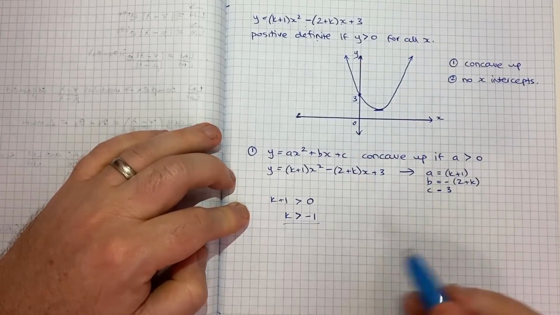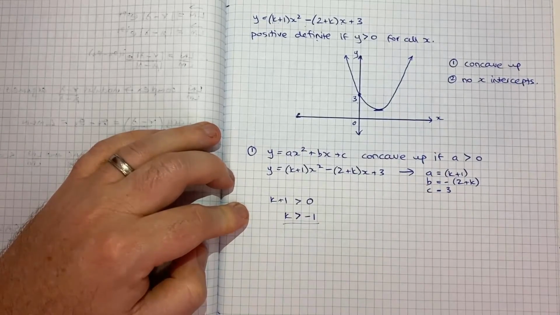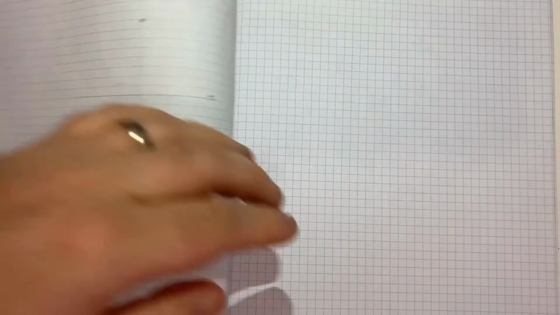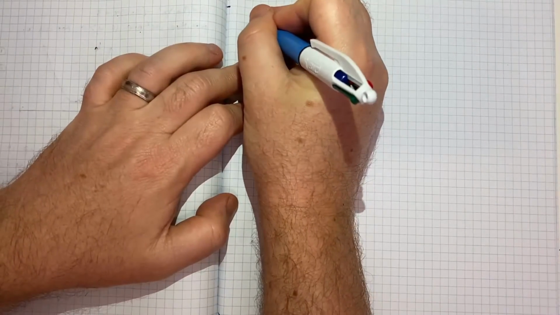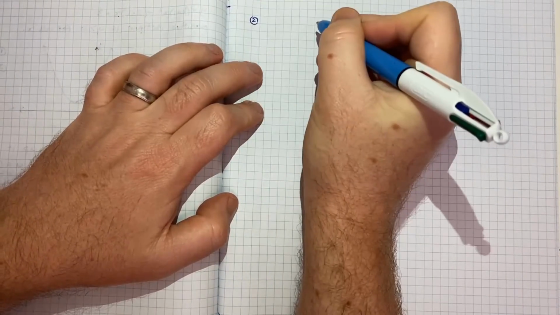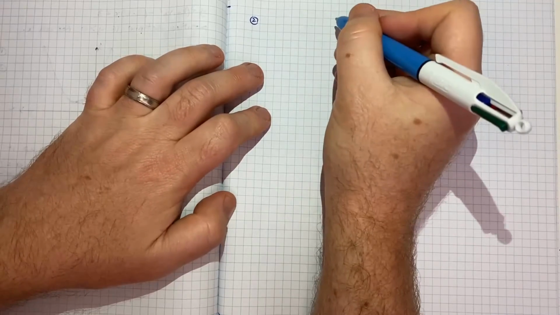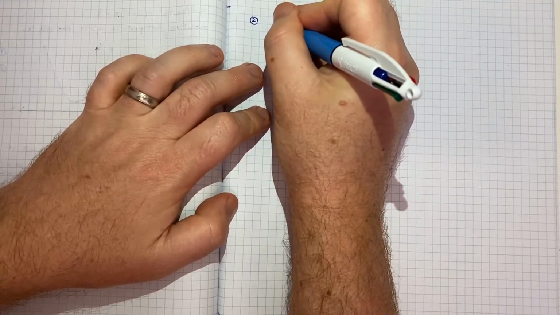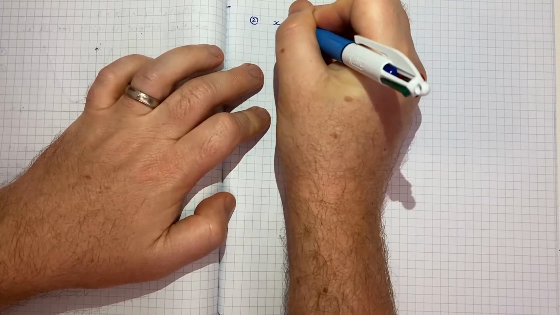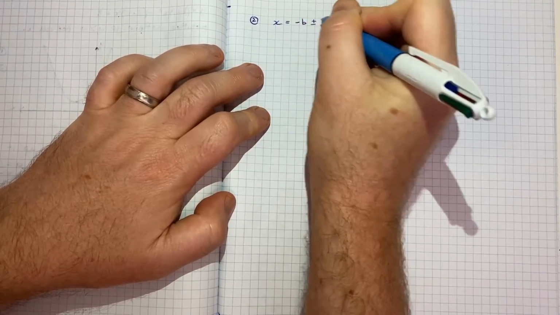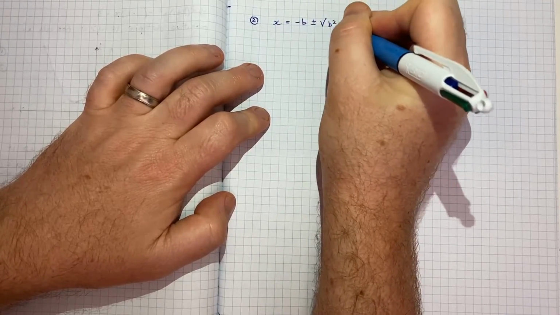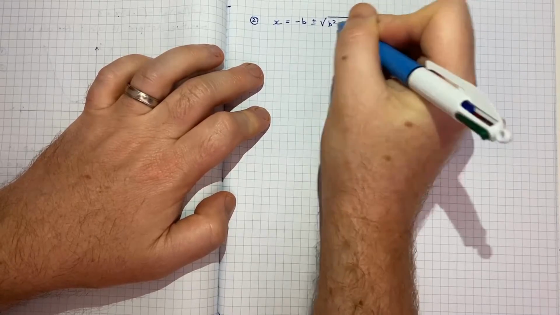Now, the second requirement, for no intercepts. What would the intercepts be? The intercepts of the parabola would be x = (−b ± √(b² − 4ac)) / 2a.